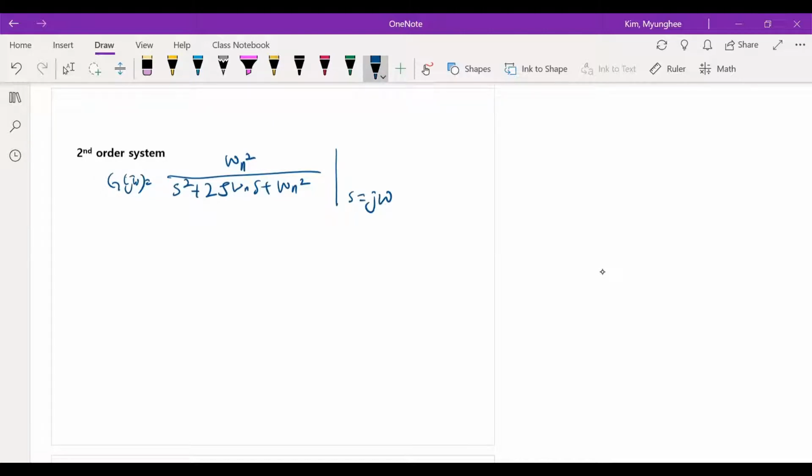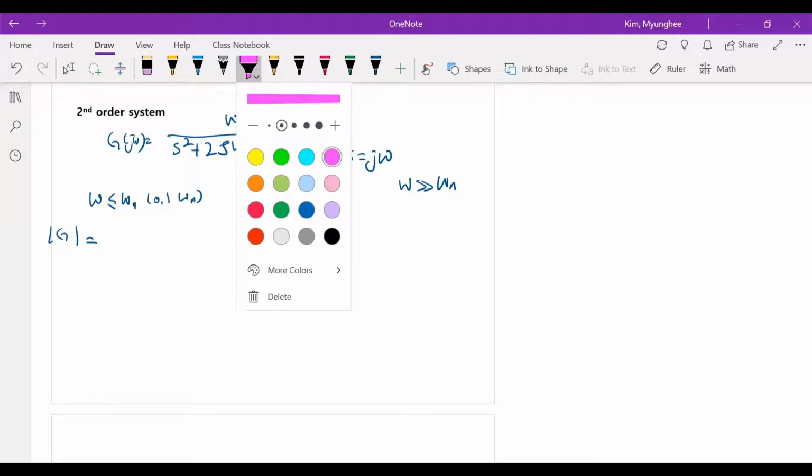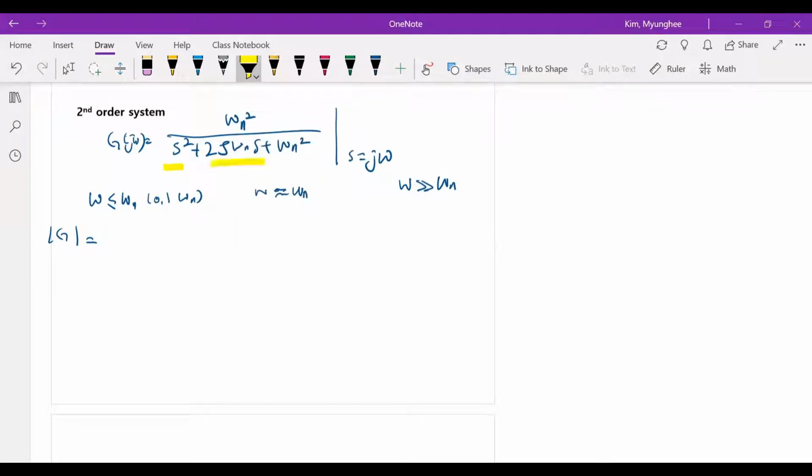So look at when the ω is very, very smaller than ωn, which is maybe 0.1 ωn, and when the ω is almost the same as ωn, and when the ω is larger than ωn. So the magnitude G, when the ω is very smaller than ωn, G(jω) is almost the same as, well, in that case, this and this can be almost ignored. So therefore, we have ωn square.